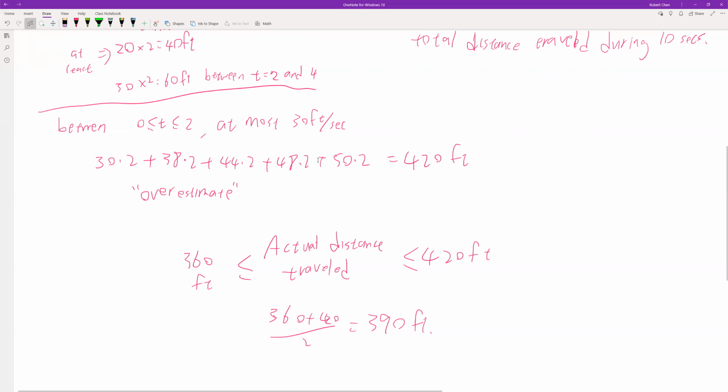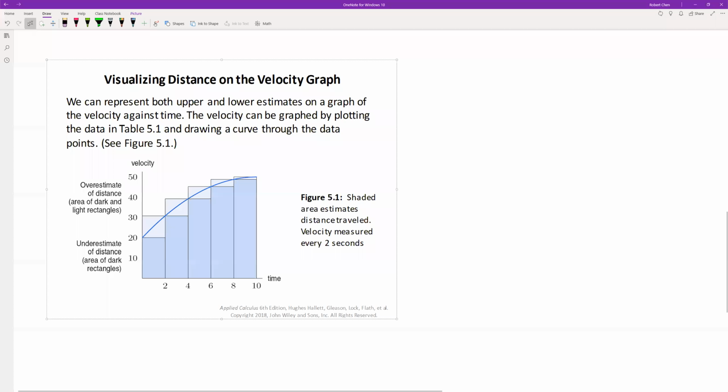All right, so let's actually take a look at this problem using a graph. We have the graph here where horizontal is the time and the vertical axis is the velocity. If you look at the darker blue rectangles, these represent the lower estimate.